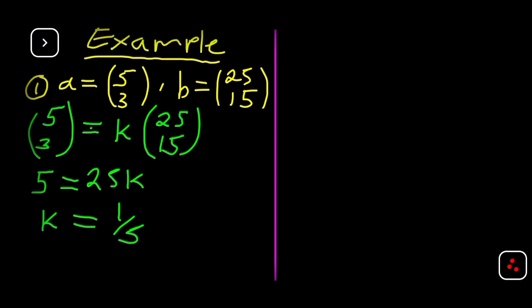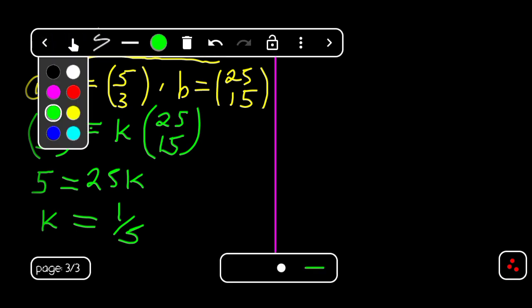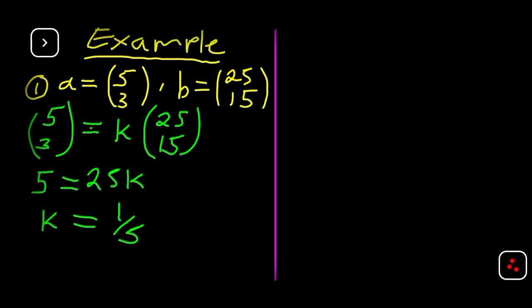Now we move on and find the value of k by using the second equation, whereby we take 3 and equate it to 15k.